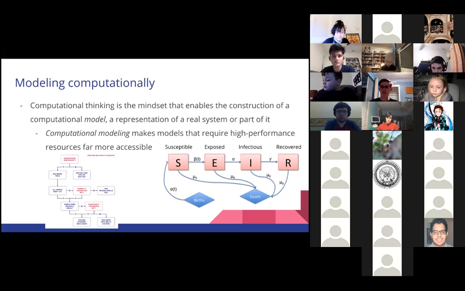So I have two examples here. First is the epidemiology, the study of disease, model known as SEIR, which compartmentalizes disease into several stages and has a lot of complex moving parts to it. And really, we would not be able to do a lot with SEIR if it weren't for languages like Python or C++.